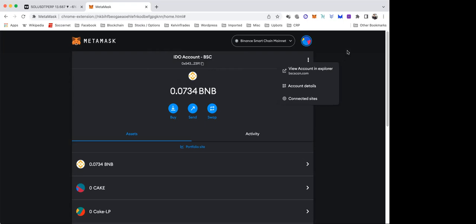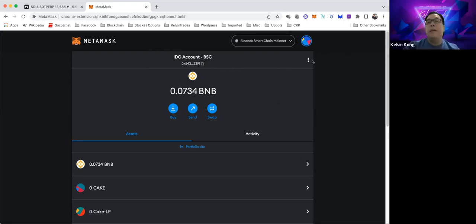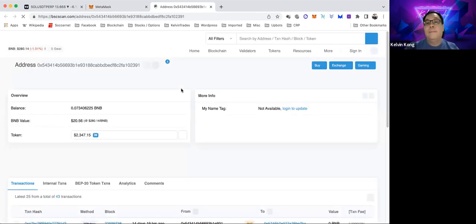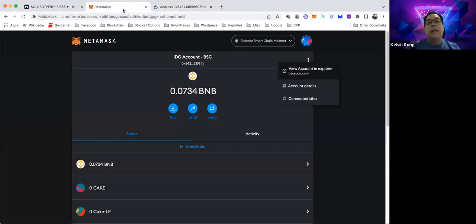Okay, let me show you, for example. If you come over here, you click this, view account in Explorer. This will bring you to the Binance Smart Chain blockchain. This is the wallet address.